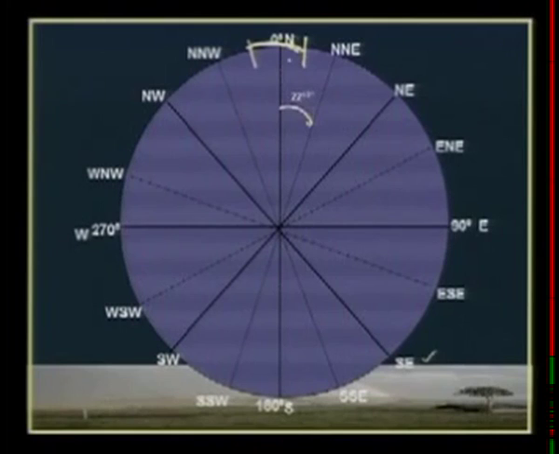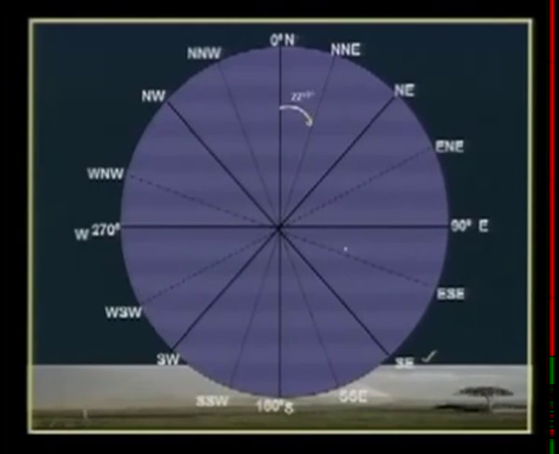So this angle will be half of 22.5, and this angle also will be equal to half of 22.5. So let's divide this so we can clearly show what range of degrees refers to the north direction.